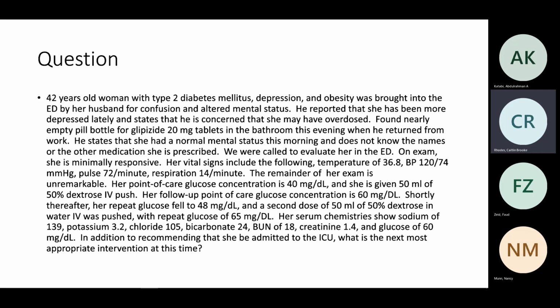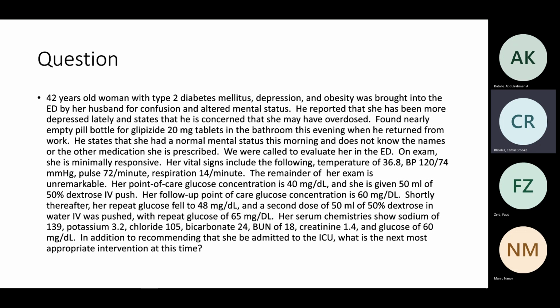Next question. Ms. Shaheen, a 42-year-old woman with type 2 diabetes, depression, and obesity, was brought into the ED by her husband for confusion and altered mental status. She reported that she has been more depressed lately, and he is concerned that she may have overdosed.